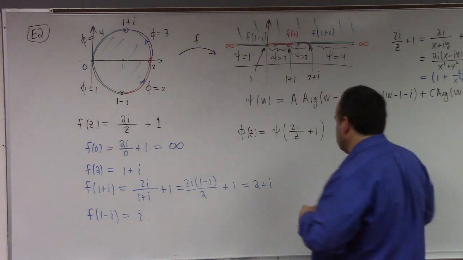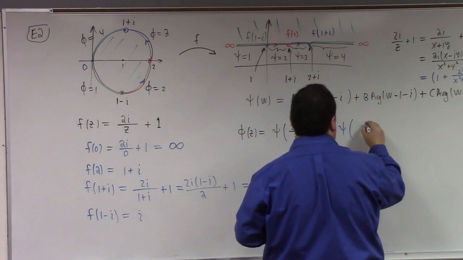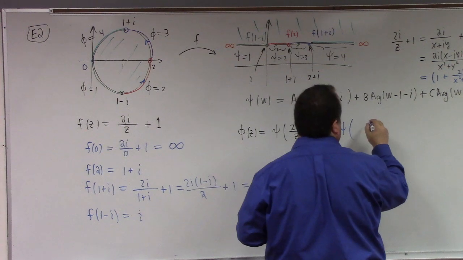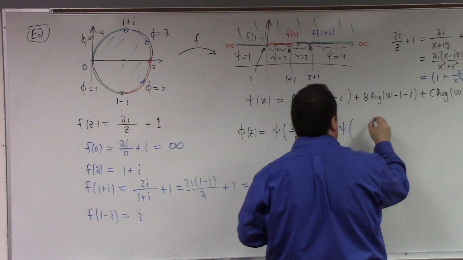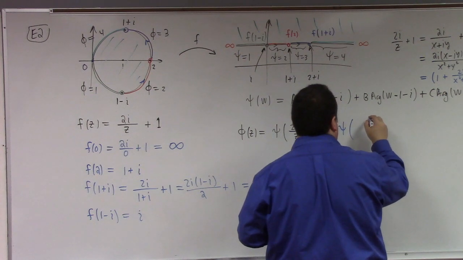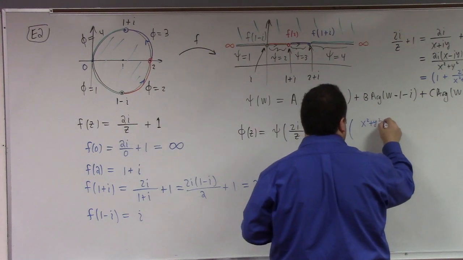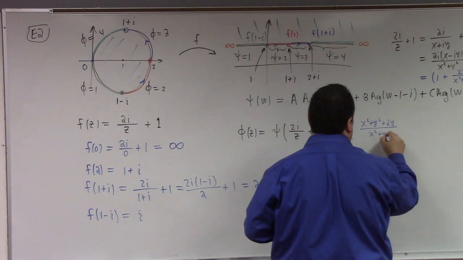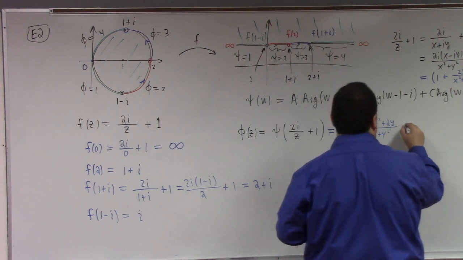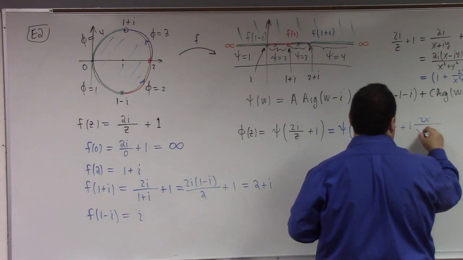So my point is that we're now looking at psi of, I'll make a common denominator just for kicks. So we've got x squared plus y squared plus 2y divided by x squared plus y squared plus I times 2x over x squared plus y squared.